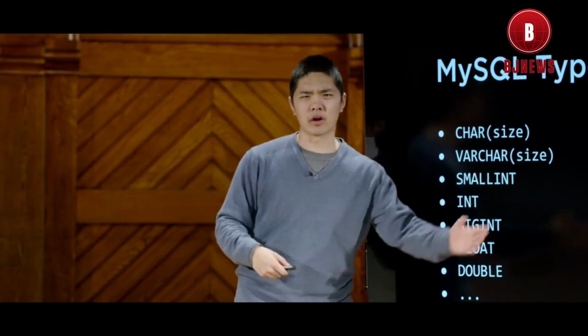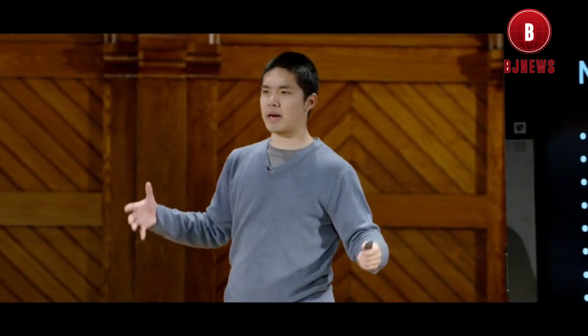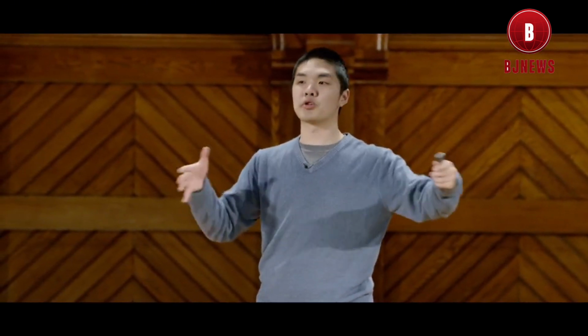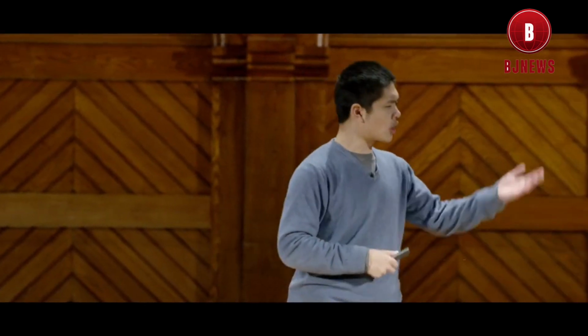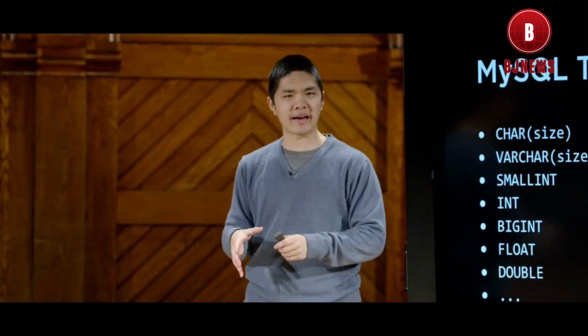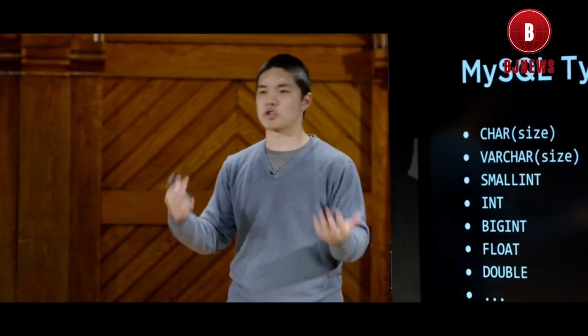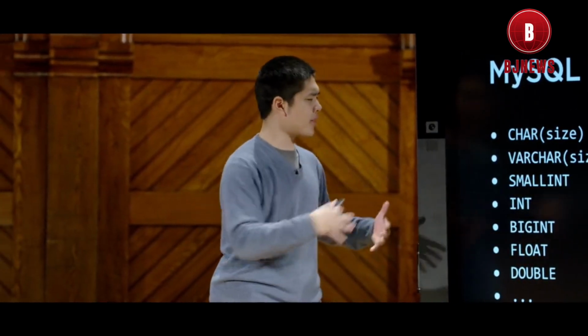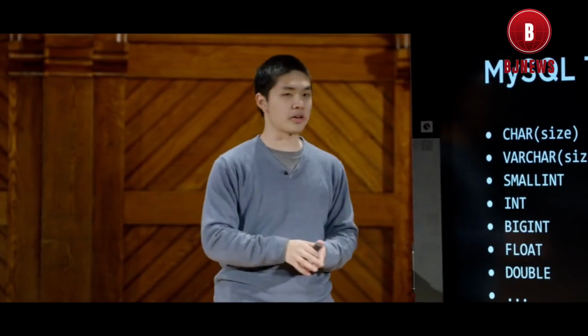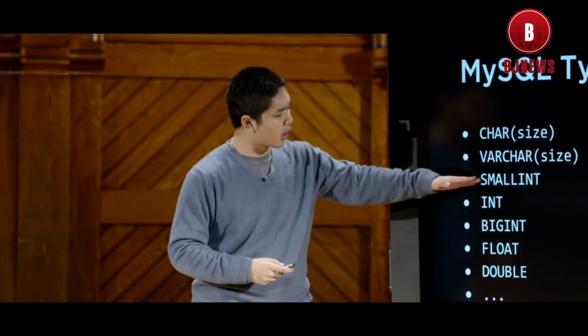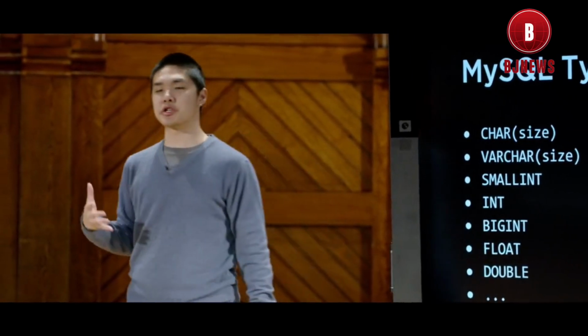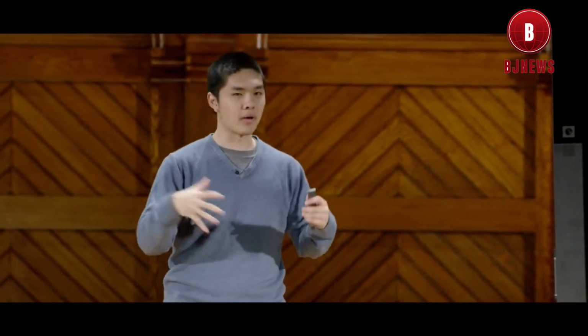Varchar of a size is similar, and this is a variable length character. If something isn't going to be exactly a certain number of characters, but maybe up to a certain number of characters, you can use varchar to say, maybe sometimes it's going to be fewer characters, but it could be up to size number of characters. And there are trade-offs there too. Then there are various different types of integers. There's not just a single integer type, but smallint and bigint, each of which uses a different number of bytes in order to store integer data.